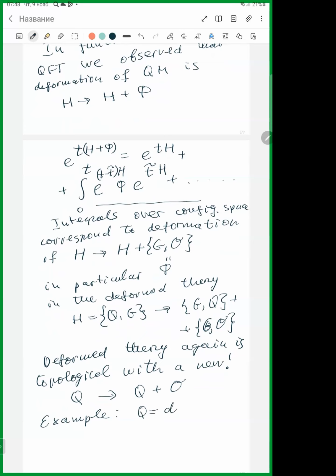Q was D. O was omega, we will take omega on some cycle. So we will have the deformation d plus omega epsilon on the cycle. And this is the Witten-Novikov deformation that we have already seen.